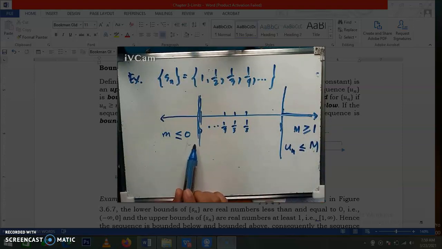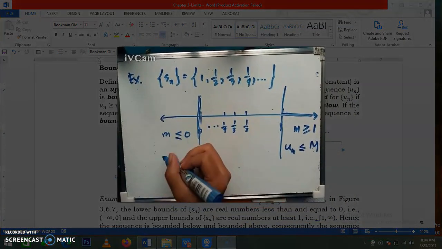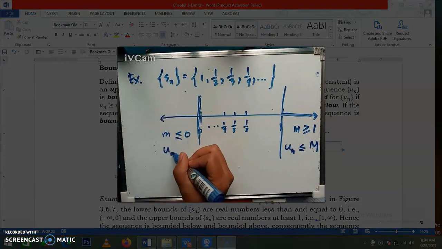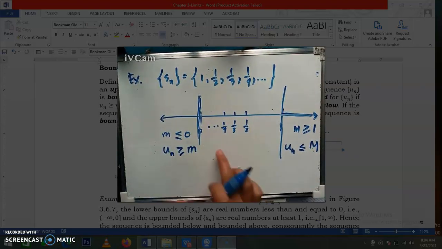And then for our lower bound, u sub n is greater than or equal to small m. This is our lower bound. As you can see, we have here our sequence. So small m is on the left of the terms in the sequence. So u sub n is greater than or equal to small m, because small m is less than or equal to 0. So that's it.